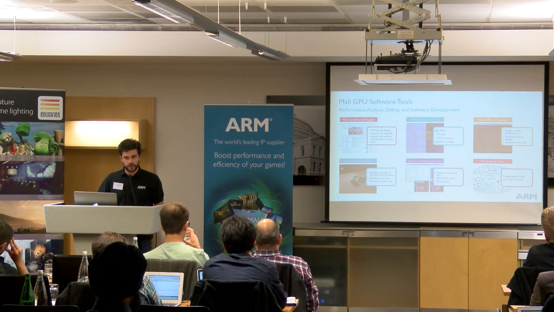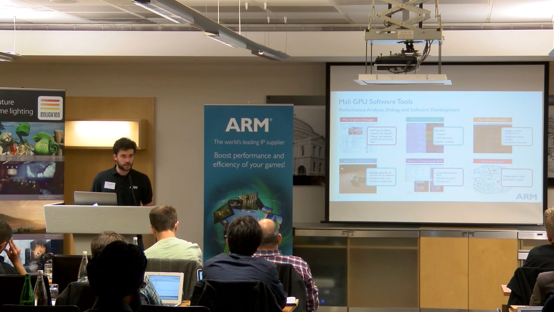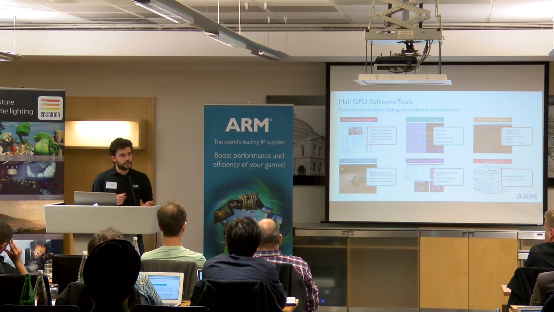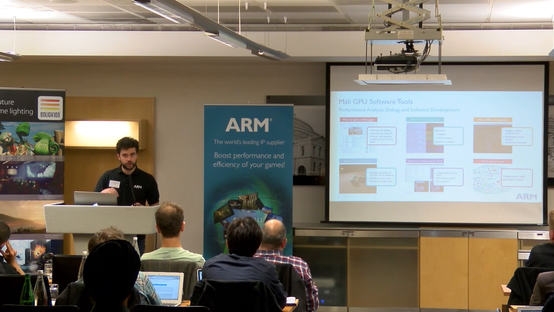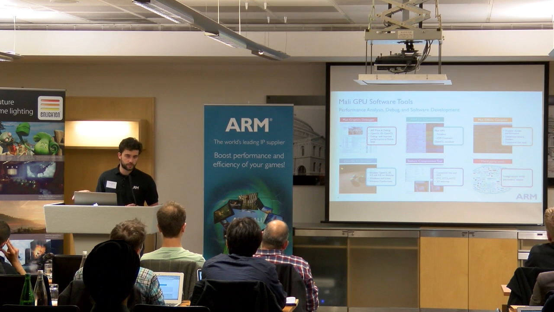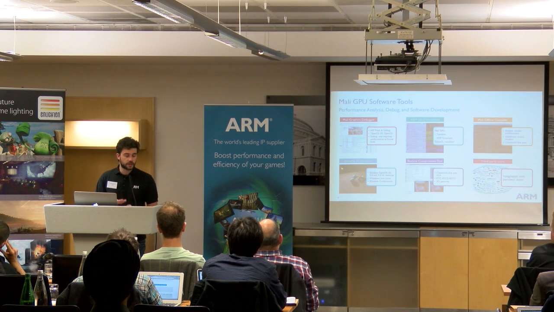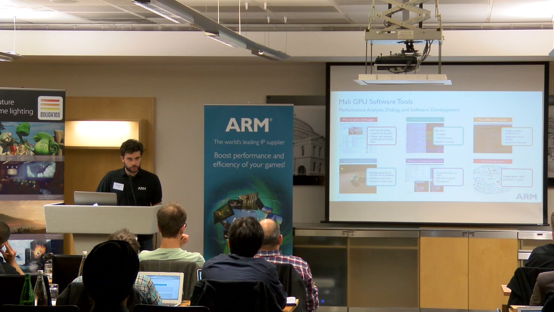Other tools we make available on our Mali developer website are the OpenGL ES emulator. This is an OpenGL ES library, again for your desktop machine, that will emulate OpenGL ES on desktop. It's actually using the underlying OpenGL driver, so your desktop GPU, to execute your graphics commands with OpenGL ES instructions. We put a lot of effort to make it Khronos conformant.